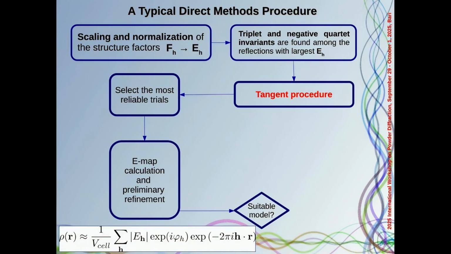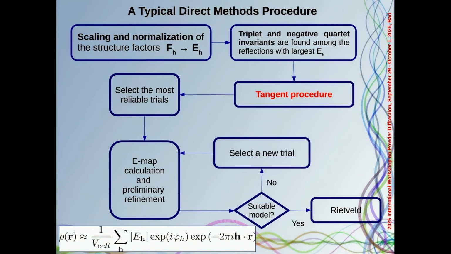If this structural model is chemically reasonable, you can continue with the next step, the refinement, or you can select a new trial. In EXPO, there is a procedure to automatically test or evaluate all the trials of phases generated by the program.